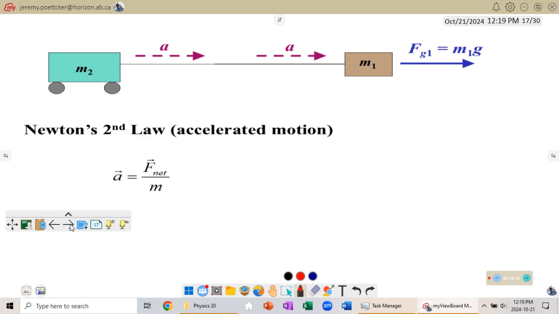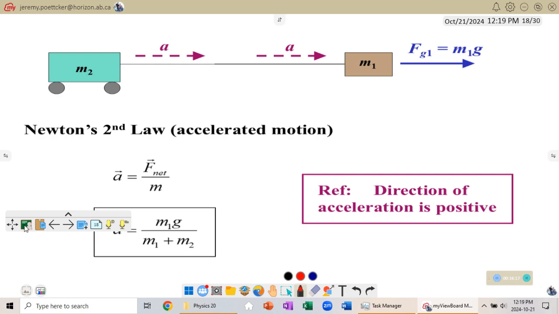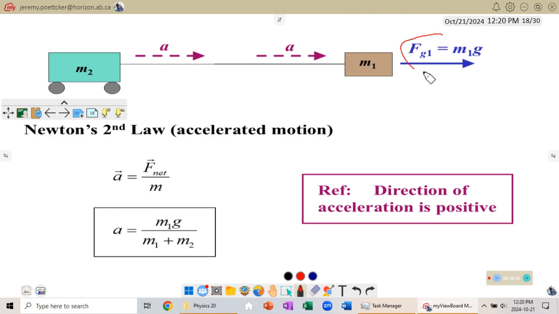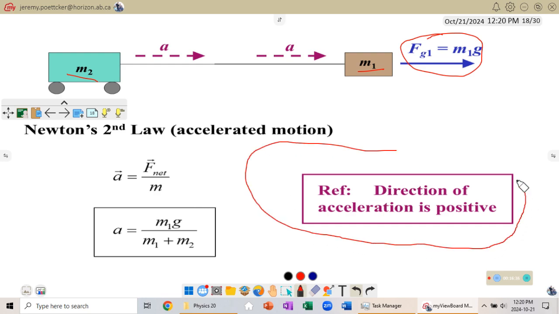Now, at this point, I don't think I did this in the next slide. Oh, here we are. Yes, I did. Help you out with this. The acceleration is going to be this force over the whole mass of the system, divided by m1 plus m2. And then this is important too.